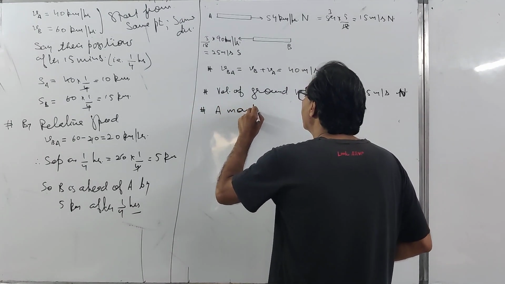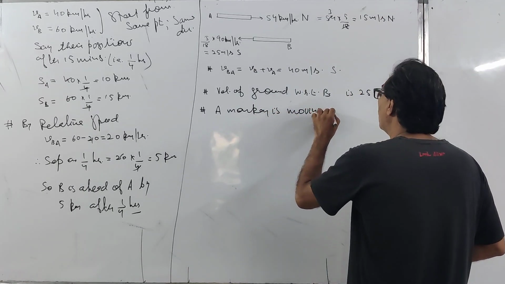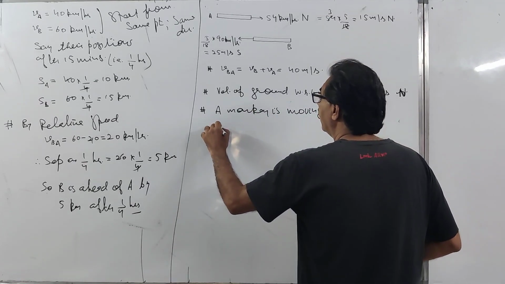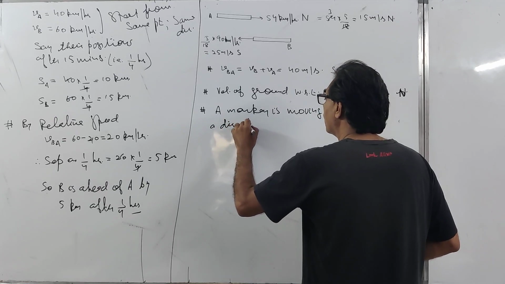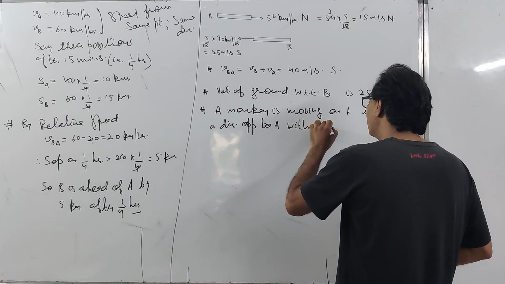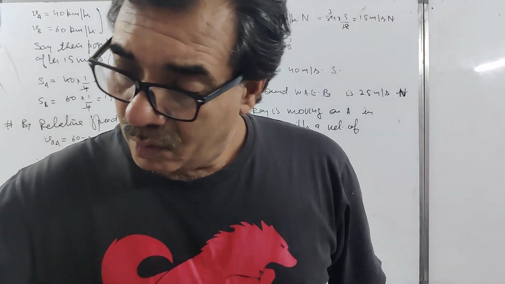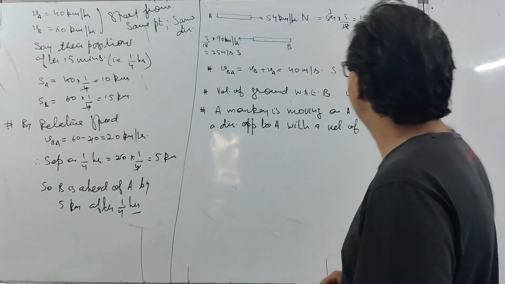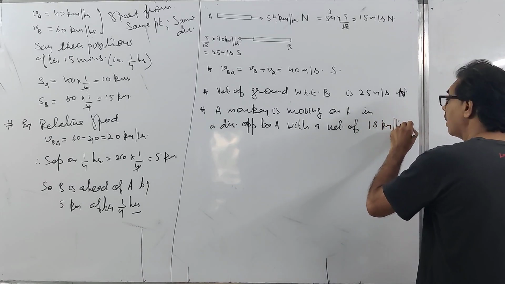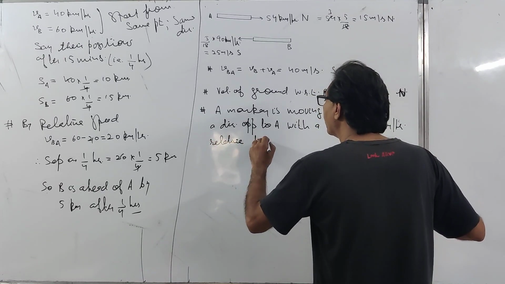A monkey is moving on A in a direction opposite to A with a velocity of 18 kilometers per hour relative to the train.